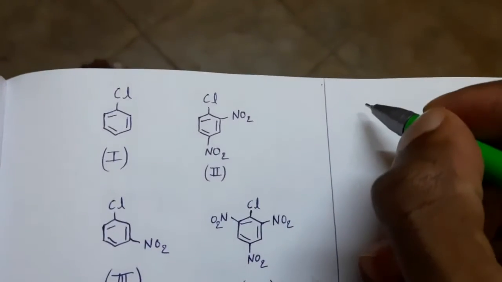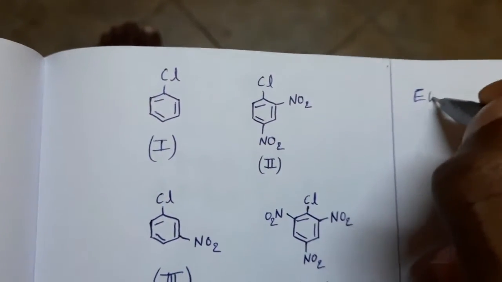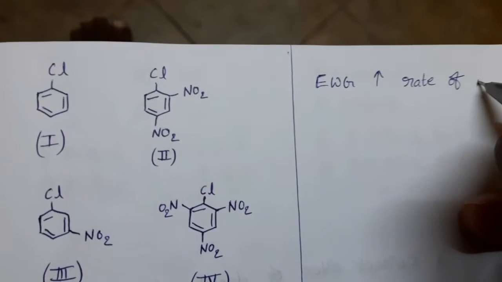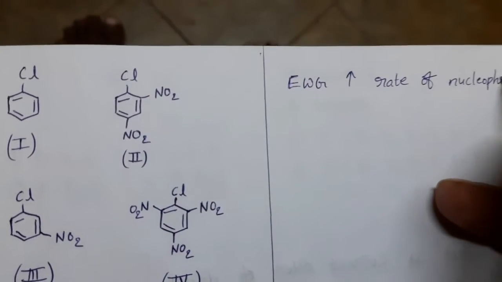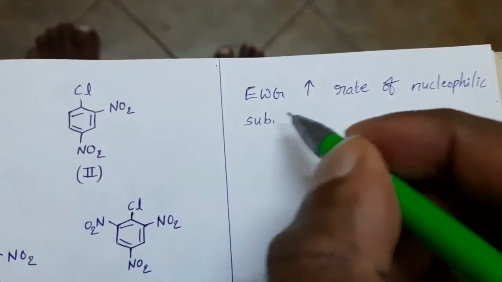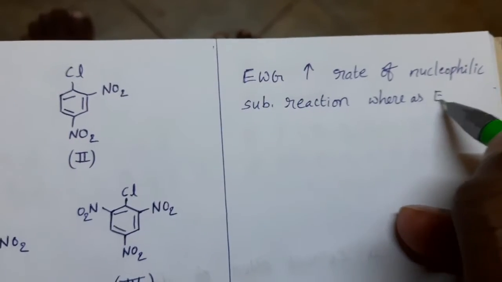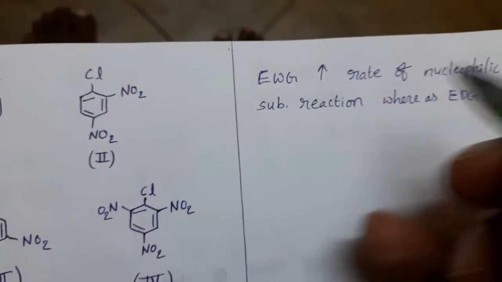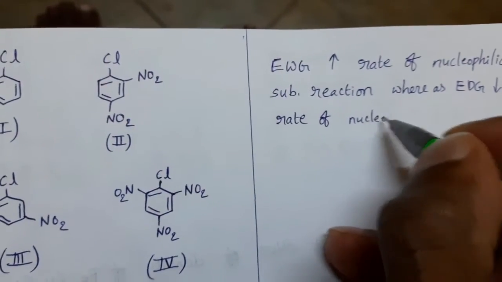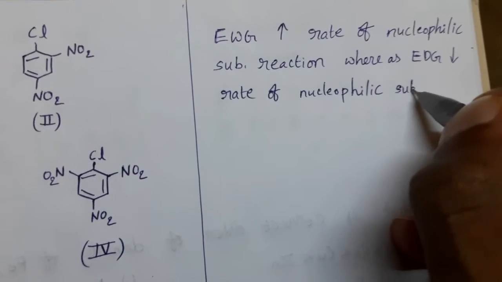So we can say electron withdrawing groups increase the rate of nucleophilic substitution reaction, whereas electron donating groups decrease the rate of nucleophilic substitution reaction.